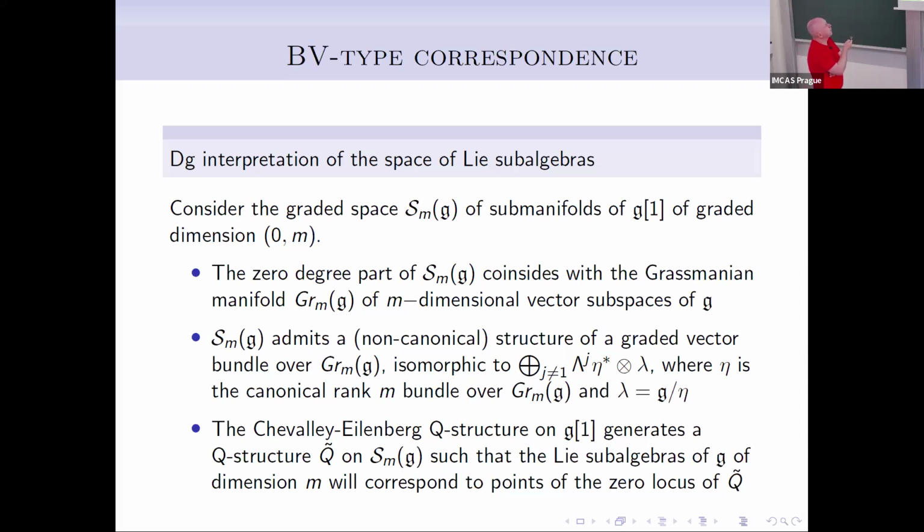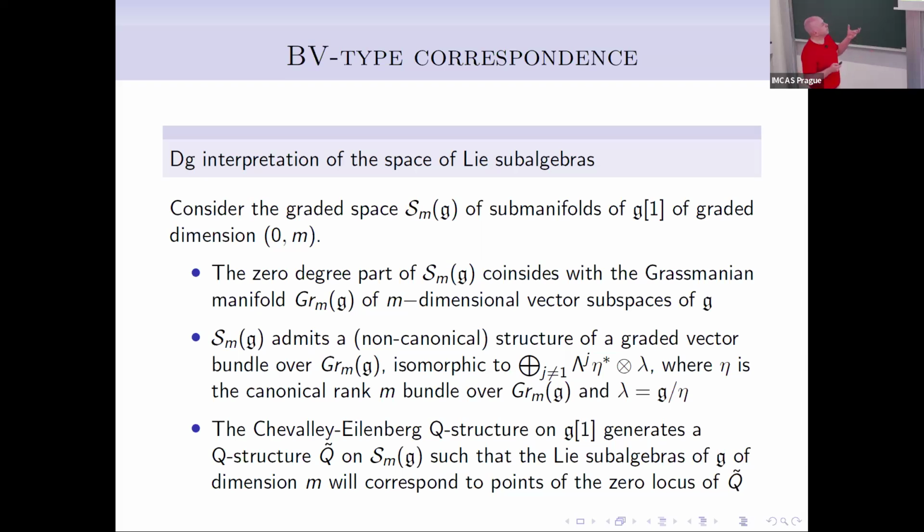So we have a supermanifold of super submanifolds of graded dimension 0|m of G shifted by 1, and there is a bosonic part, the degree 0 part, which corresponds really to subspaces.